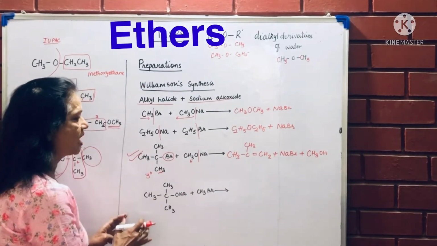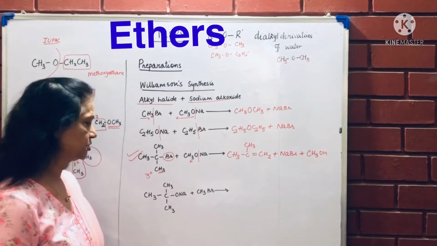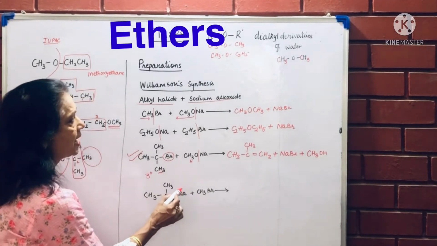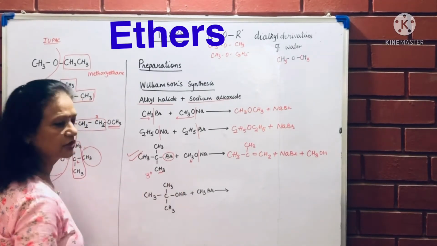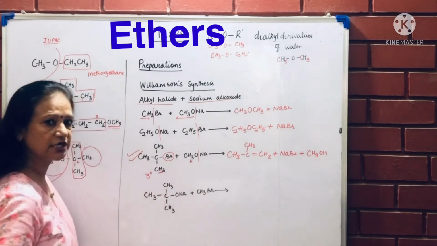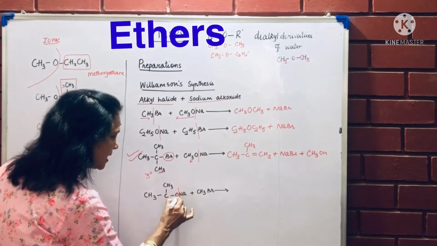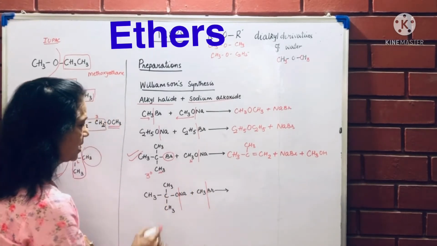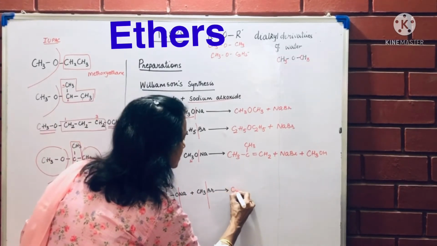Instead of that, if I want a product which should be tertiary, I'll take the alkoxide in the form of tertiary. So ONa has been attached to a tertiary carbon atom, and now my reaction will be the same as you expect.